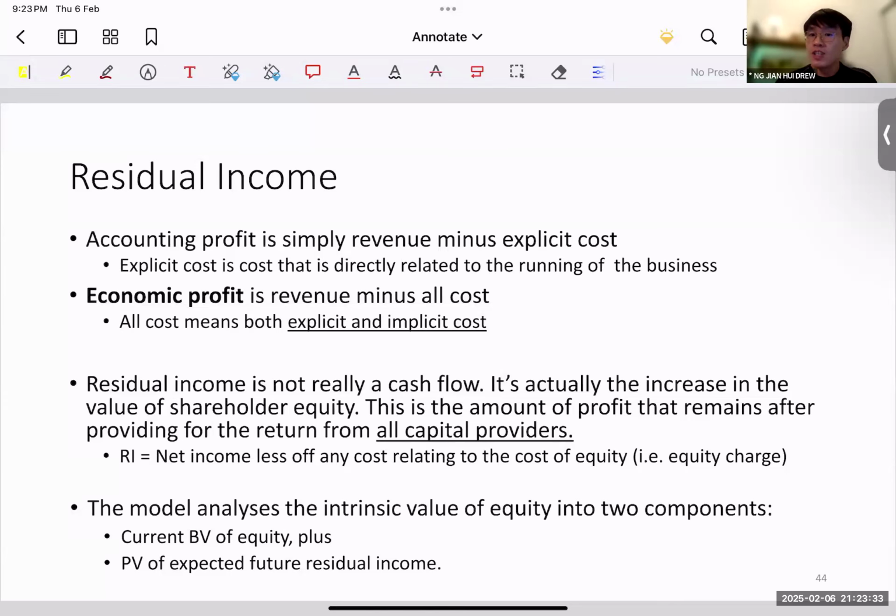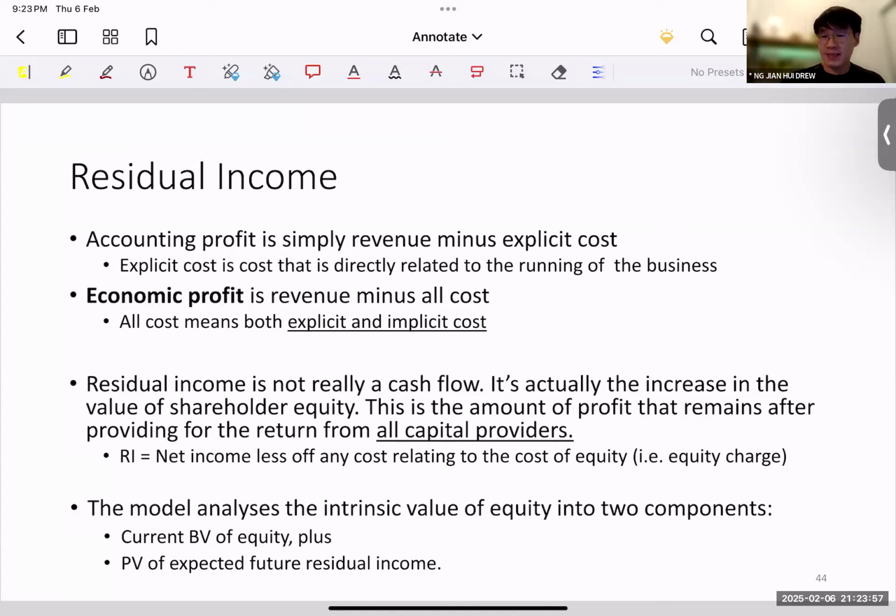How do you define cost? We just take the cost of equity, right? The cost of equity, which is a percentage, will have all the costs involved. You take the cost of equity, multiply it by the amount of equity that you have, and it will give you the total cost of equity. Let me repeat this again.